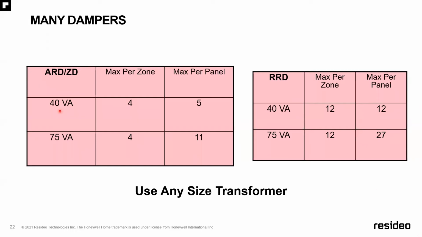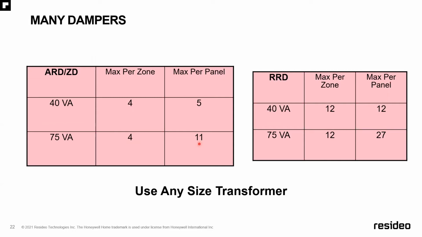With a 40 VA, we're going to be maxed out at 4 dampers per zone and a grand total of 5 per panel. But if you bump it up to a 75 VA, you still can only go with 4 dampers per zone on the ARD and the ZD dampers, but now you have the leverage to go up to 11 dampers for the entire panel.